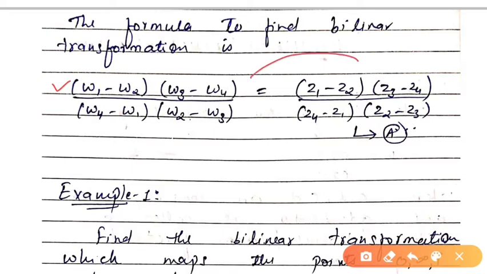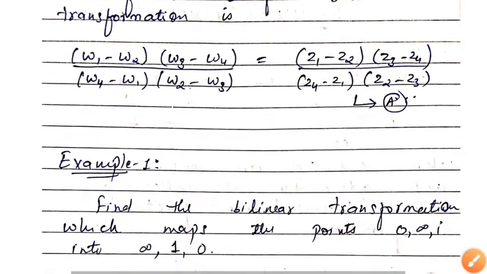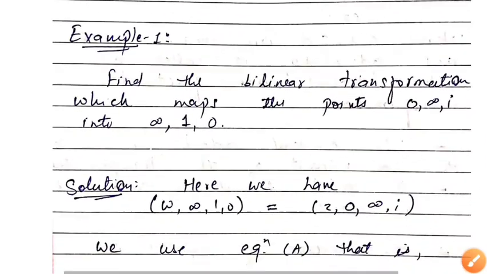The same thing we will write over here. See, how will you remember it? 1, 2, 3, 4 is in the numerator, and in the denominator you need to remember 4, 1, 2, 3. We name this as equation A, and we will use this formula to find the bilinear or Mobius transformation.